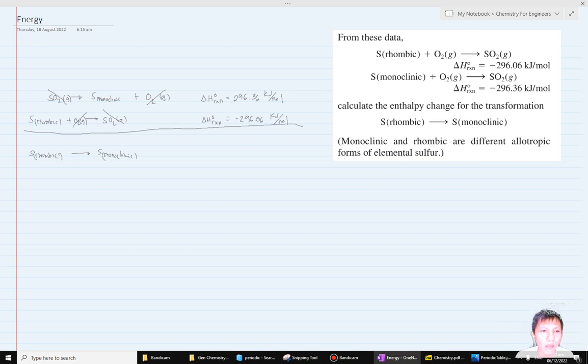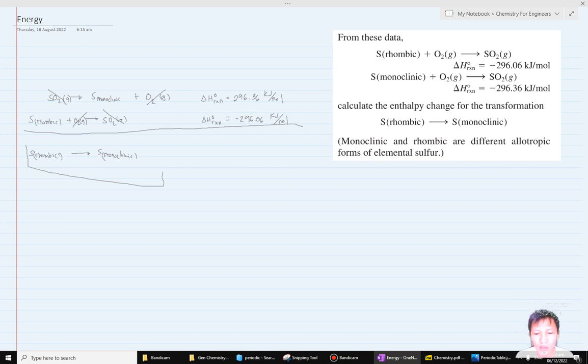296.36. Of course, you have to add because you have added reactions. Usually, it's only addition, meaning we only have to invert if the compound that we're trying to look at is not the sum of the chemical reactions themselves. So 296.36 plus negative 296.06.